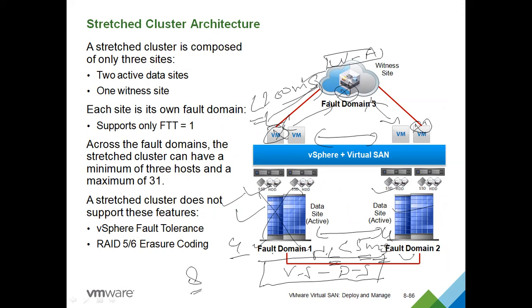To create a stretch cluster, the primary requirement is latency. The secondary requirement is that for each and every ESXi host, or the appliance, a separate VMkernel will be created for this VSAN replica traffic. A VMkernel will be created for VSAN witness traffic, so that they can talk to the third site here.